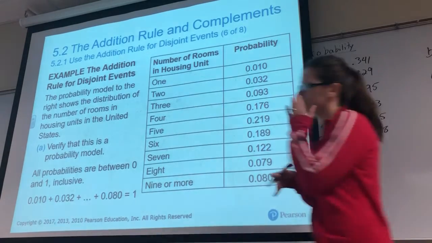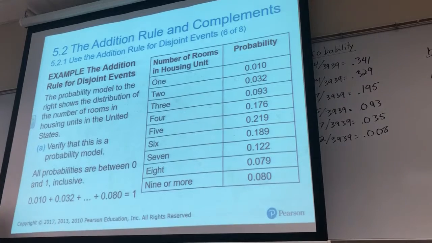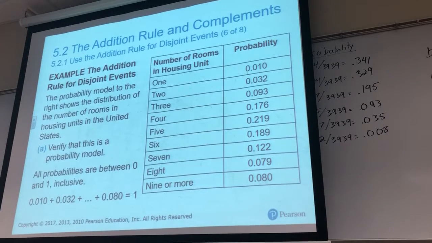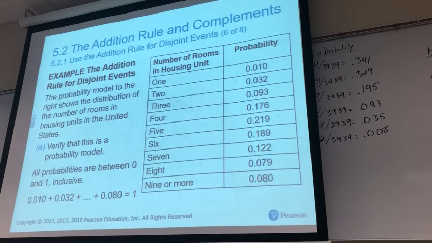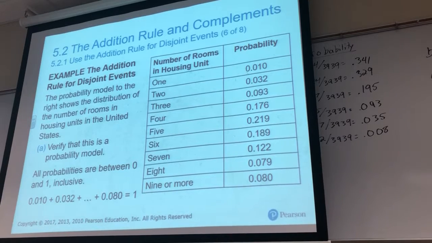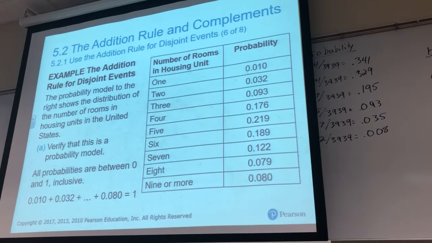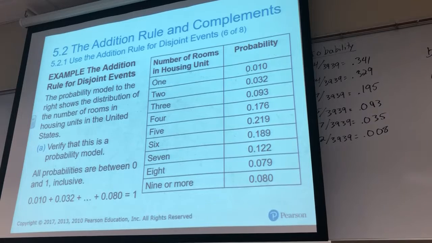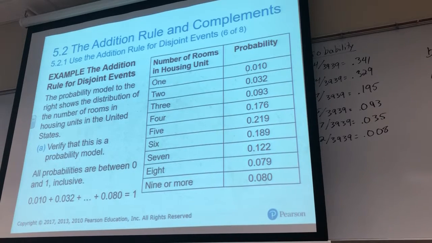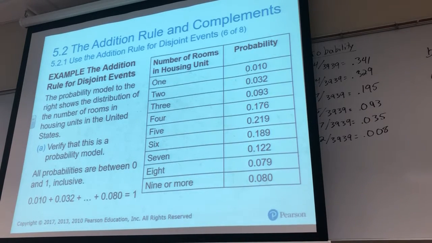Again, the same reasoning we had up here applies: it can't have multiple numbers of rooms. So these are all going to be mutually exclusive, so these ors are going to turn into additions. So we get the probability of 1 plus the probability of 2 plus the probability of 3.